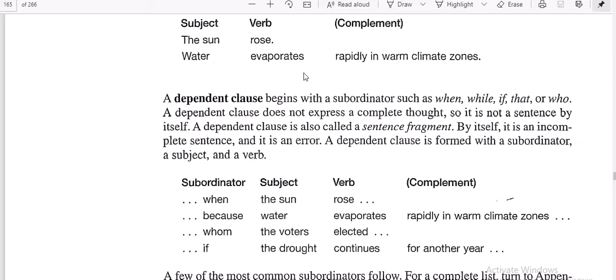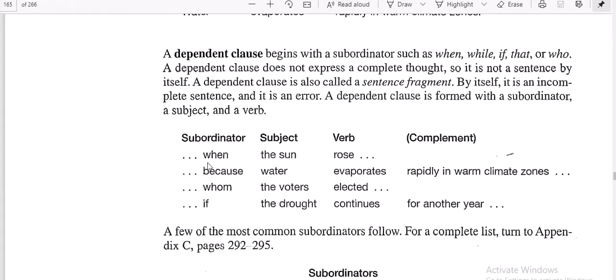By a comma. If the complement comes in the beginning of the clause, this letter should be capital R, then comma, then water evaporates. But if the complement comes at the end of the clause, we don't need any comma.